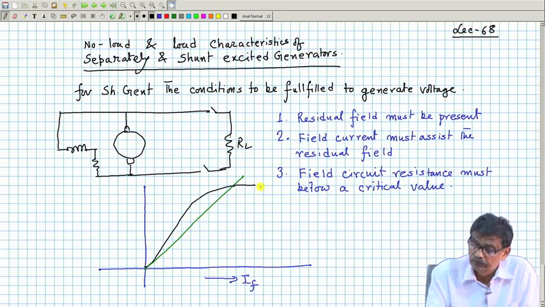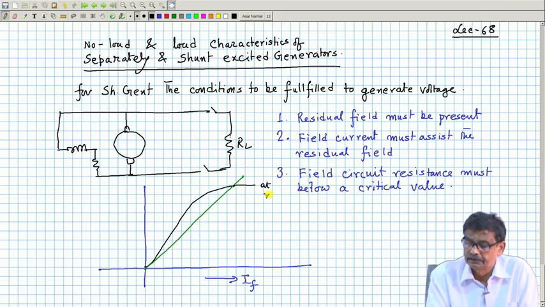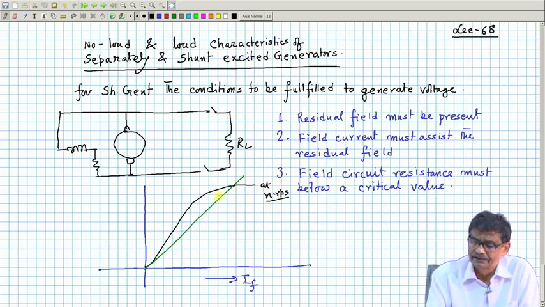Now, this OCC, as for a separately excited generator, is at rated speed; we must always write at what speed this OCC is drawn. Suppose it is at rated speed, and to generate rated voltage this is the field current.